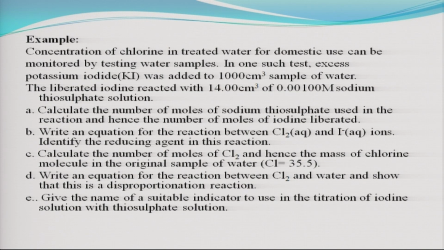I had left you an example. We had not finished very well, and I know you got some of the answers. We had stopped on part A, and we had been able to calculate the number of moles of sodium thiosulfate. So we are going to look through simply how we calculated this question.